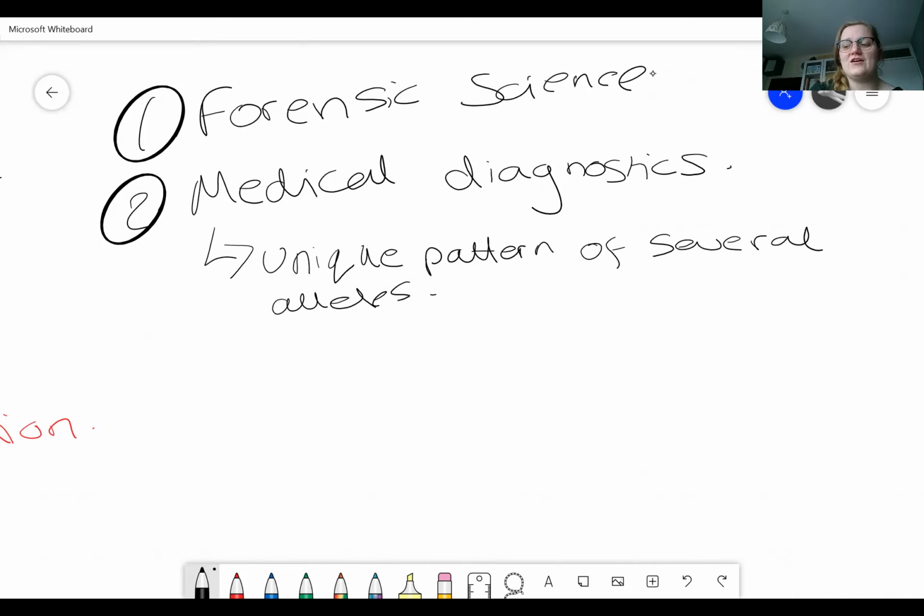So we can use it to diagnose genetic disorders and cancers, and it's really useful when a specific mutation in the genes isn't known, or where several mutations could have caused the disorder, because it identifies an actual broader altered genetic pattern.